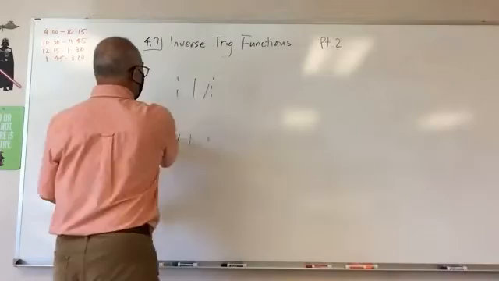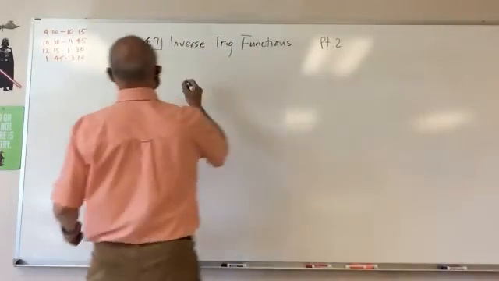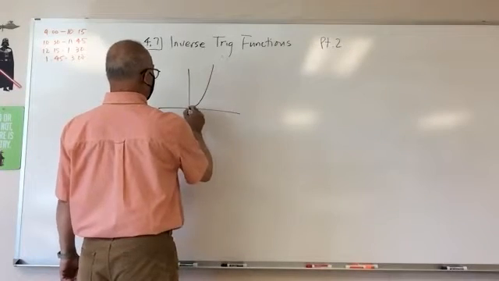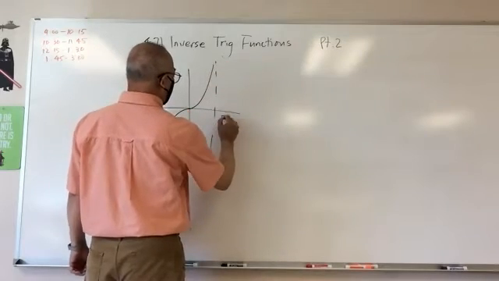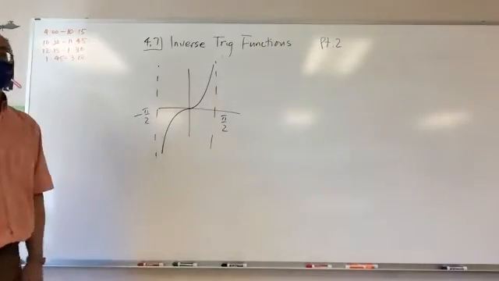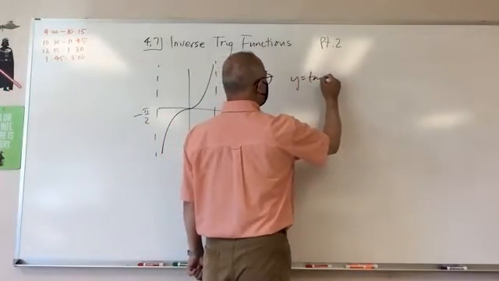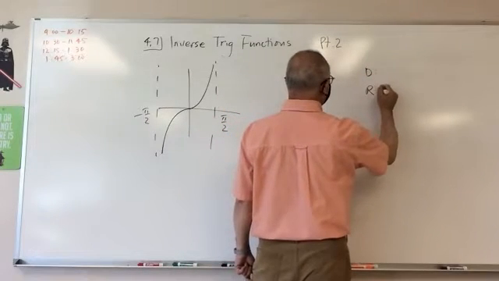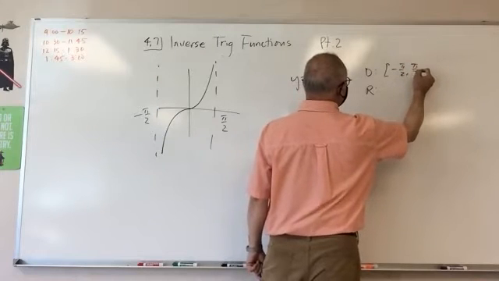If we do that, what I'm going to start with looks like pi over 2, negative pi over 2. So this is y equal to tangent x, where the domain is negative pi over 2 to pi over 2.